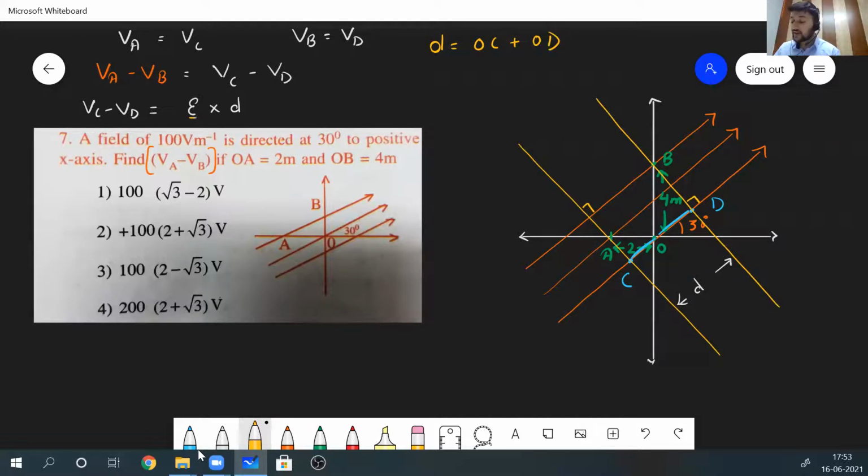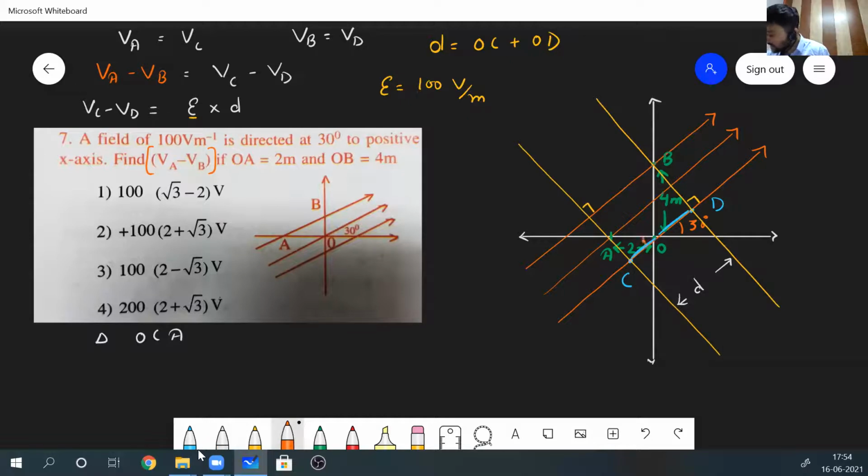Now the electric field value has been given in the question as 100 volts per meter. So if the electric field is given, what we really need to find out here is the value of small d. Now how are we going to find small d? Very easy. First we will take the triangle OCA, where this triangle is right angled at the vertex C. So this angle is 30°.